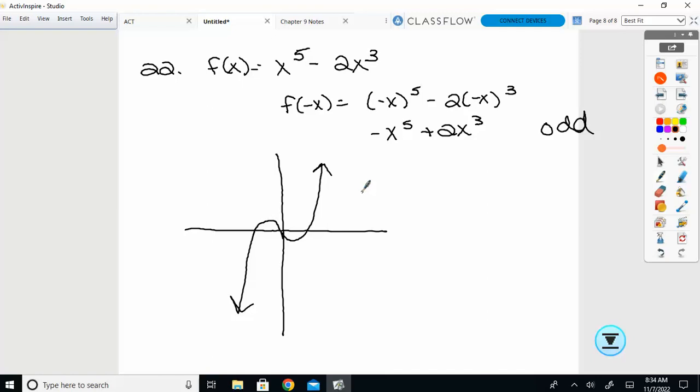So is that symmetric to the y-axis? No, if I fold it over the y, it doesn't overlap itself. If I fold over the y and the x, does it overlap? Yes, so this is odd. So either do the algebraic way, or if you're looking at a graph, draw the graph and justify it that way. Just somehow let me know why you picked the answer you picked.